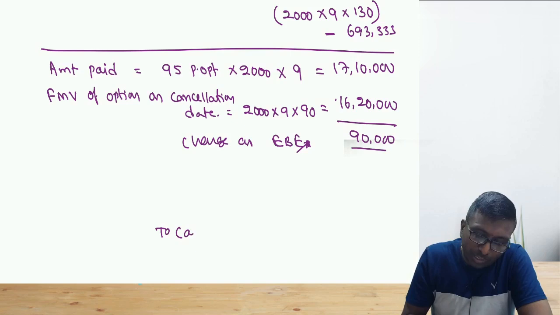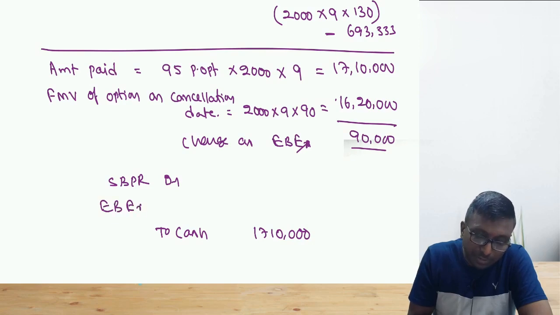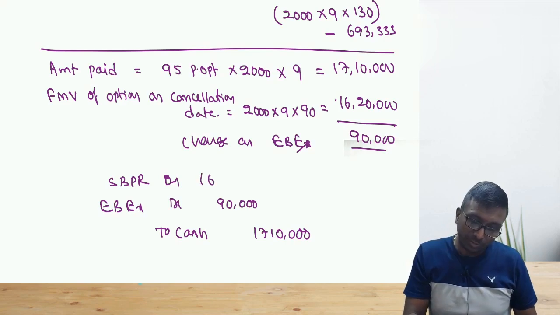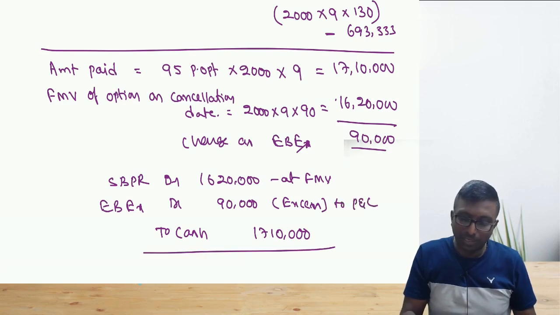Correct na? So to cash 17 lakh 10,000. SBPR, will write it, employee benefit expense 90,000. Correct na? Balance number, SBPR में रखो. That is obviously 16 lakh 20,000. Yeah, balance will be there in SBPR.